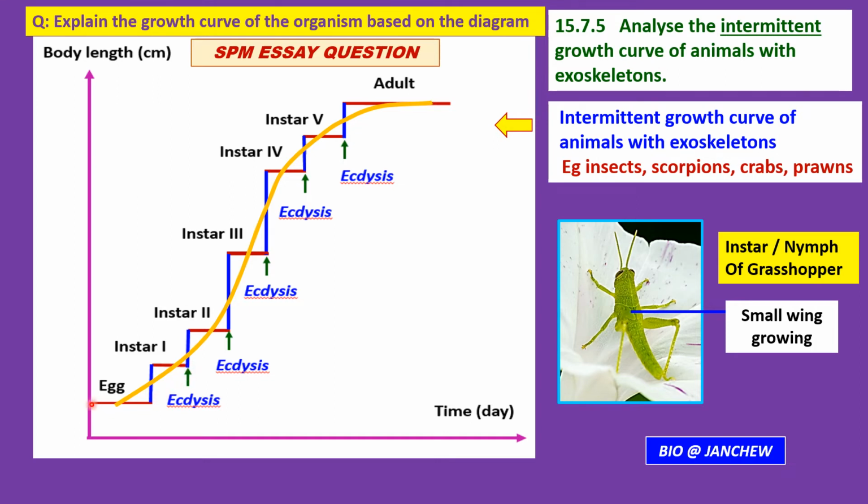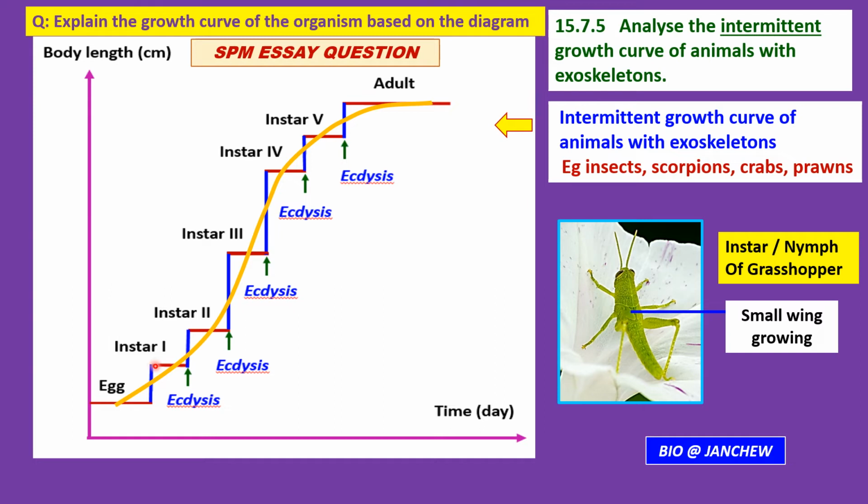Now let's start from this part here first. So when the egg is laid, it will be in the ground for a while or on the leaves, and then after that it hatches. When it hatches, the first instar comes out, the first nymph, all right, it's of a certain length, and then the instar's body tissues will be increasing, all right, through cell division by mitosis.